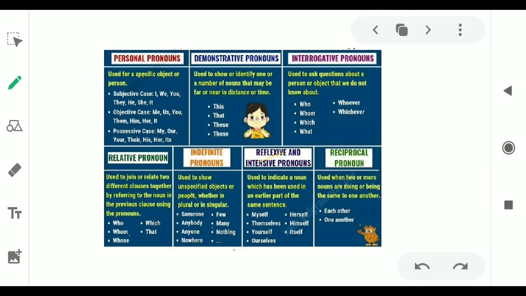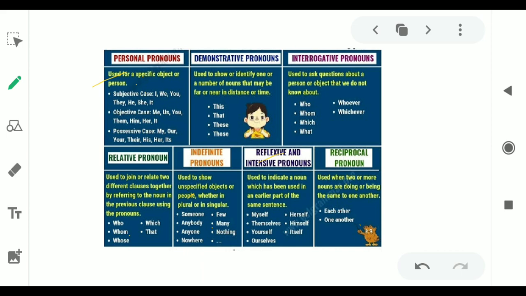Now here you can look at this figure. So, personal pronoun. Personal pronoun is used for a specific object or person.